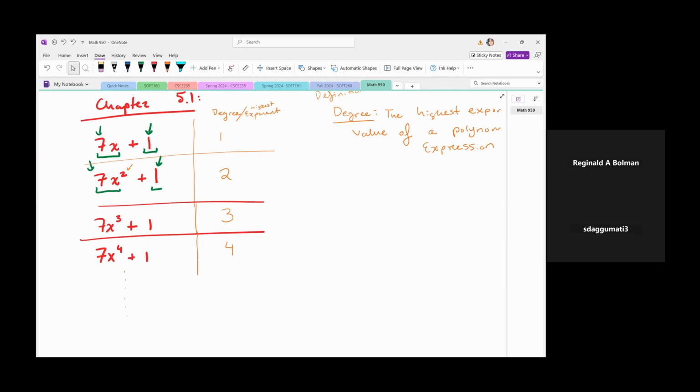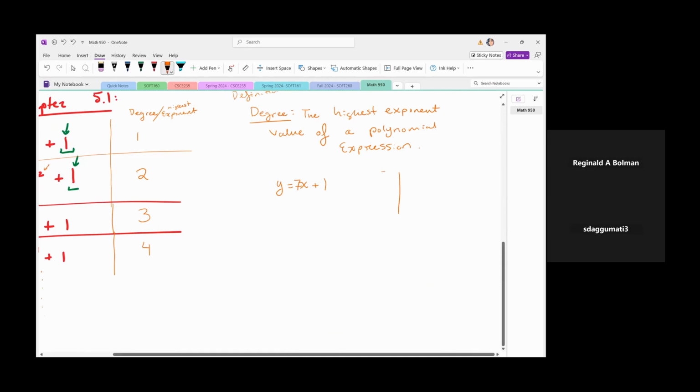Now, the reason why I say the behavior will be radically different between, say, 7x plus 1 and 7x squared plus 1 and 7x cubed plus 1 is that if we were to actually graph these systems, suppose you had y is equal to 7x plus 1 and you went to give yourself some x points. Of course, we always start with giving ourselves at least 3 points for our independent variable x, and then we of course calculate the corresponding y value for our dependent variable y.